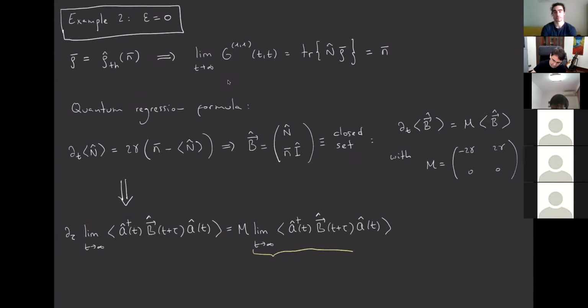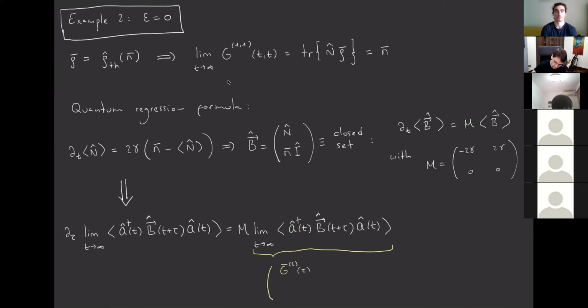And note that this thing in here is just equal to what? So we have A dagger, and then we have the two components, N and the identity, the thing proportional to the identity in the vector B. So the one with N, this is just the G2 function that we have defined.